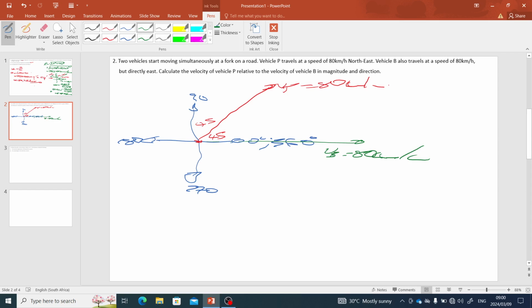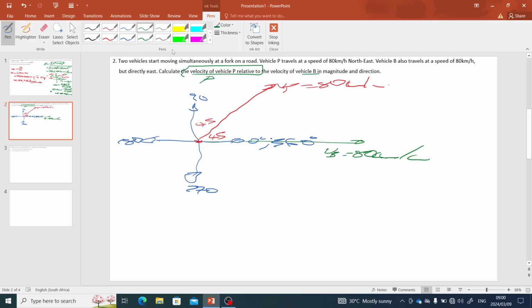Right. Now, they say calculate the velocity of vehicle P relative to B. We know that if we are given such a statement, calculate the velocity of vehicle P relative to B, right? You will stop P. This is the indication that you stop P in its position and reverse vehicle B in the opposite direction.